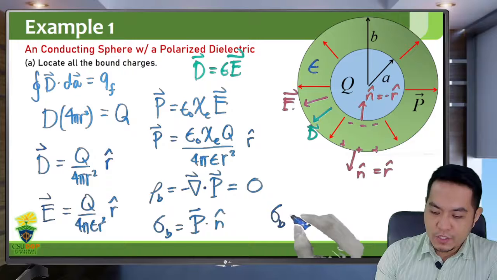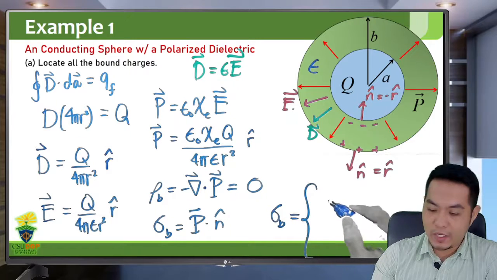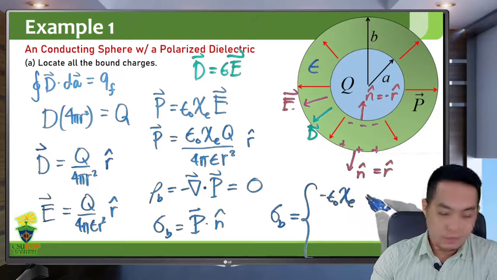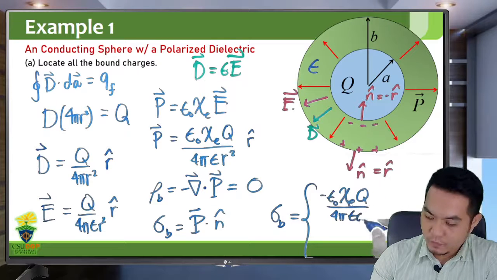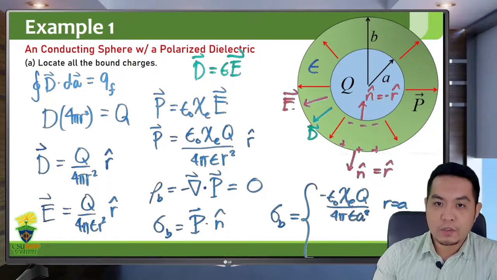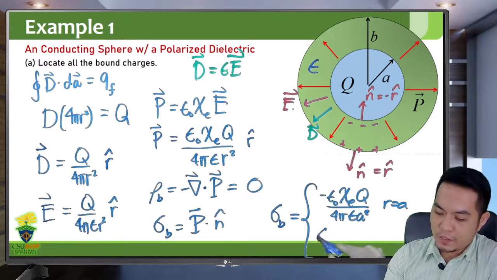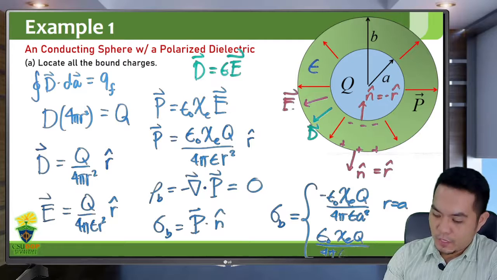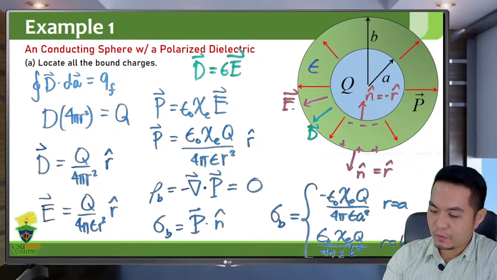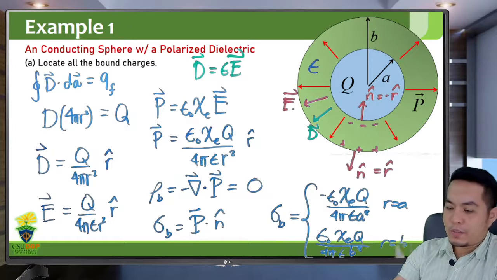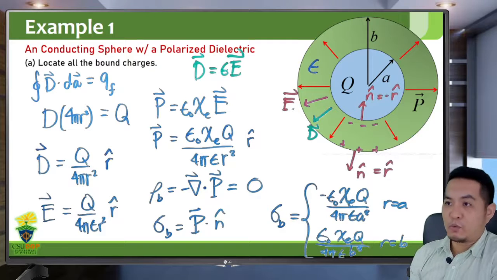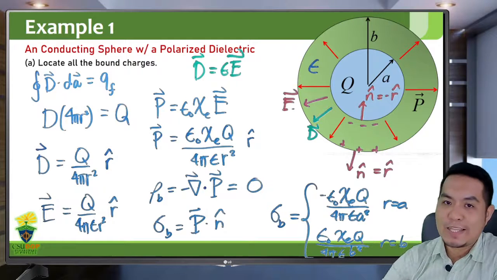So your bound charge densities will be negative epsilon naught chi Q over 4 pi epsilon a squared for r equal to a, and positive epsilon naught chi Q over 4 pi epsilon b squared for r equal to b. Those are the locations of your bound charges and the amount of your surface bound charge density.